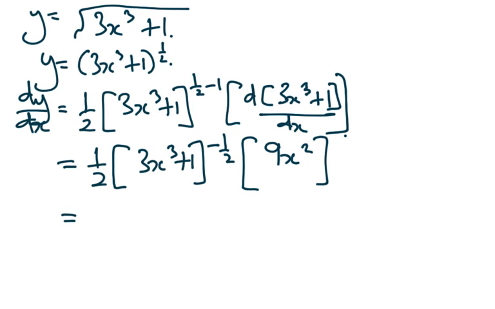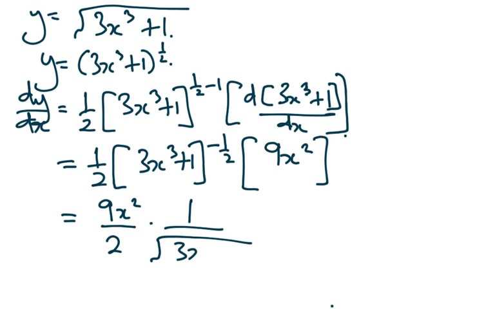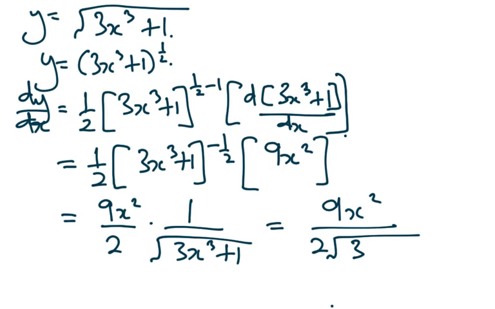So when I simplify this, you get 9x squared over 2, and remember this is half, and that's negative. When I bring it down, this is the same as 1 over the square root of 3x cubed plus 1, which I can rewrite as 9x squared over 2 times the square root of 3x cubed plus 1.